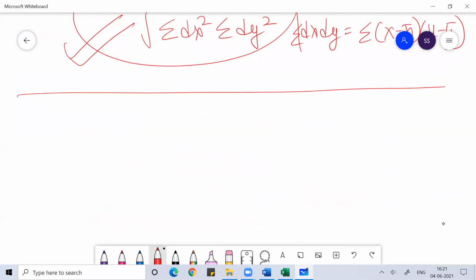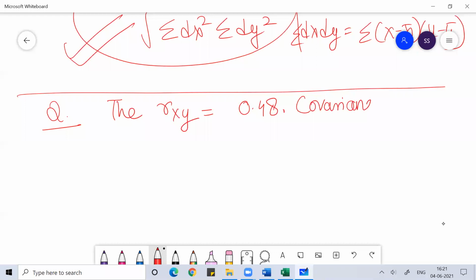Now, some numerical, a 2 marks numerical. Suppose I ask you: the coefficient of correlation between x and y is 0.48, the covariance between x and y is 36, and the variance of x is equal to 16.